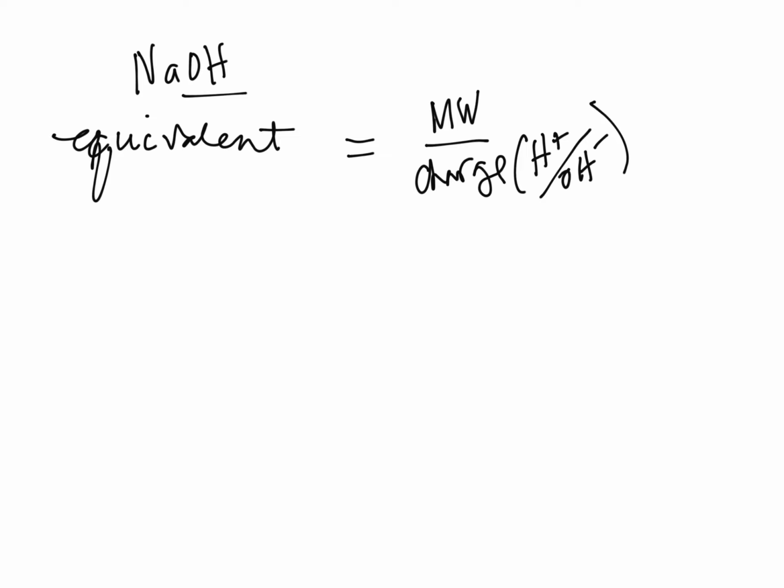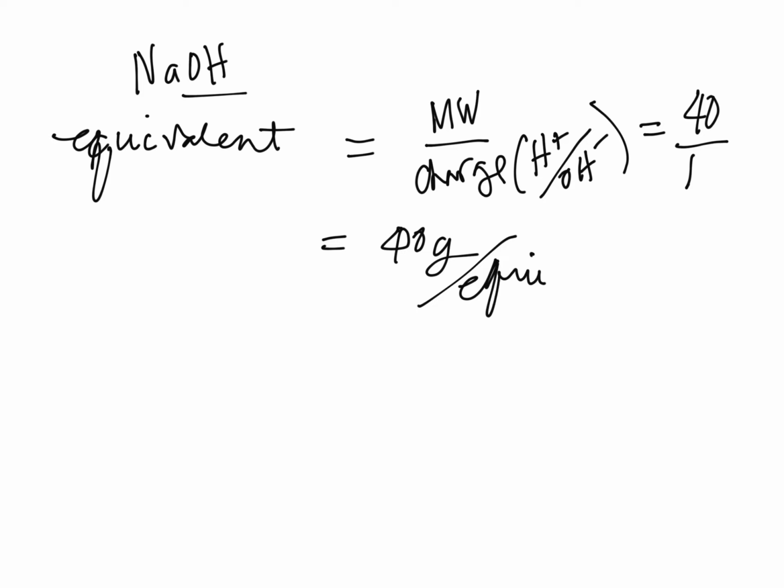So in that case, for the sodium hydroxide, we have only 1. But the molecular weight, we have 40 and 1. So this is going to be 40 grams per equivalent. That's the unit of ration.